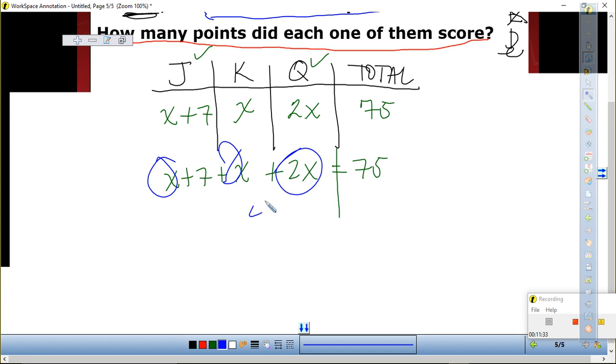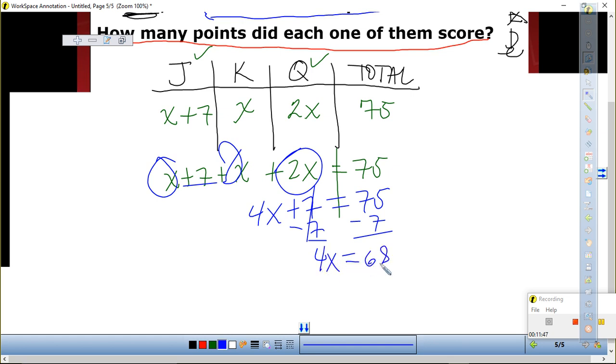I mean 4 x's, so this is 4x. Bring down the plus 7 and equals 275. Subtract 7, subtract 7. Oh my goodness, computer. I want to replace you. 4x equals 268. Divide by 4, divide by 4. Therefore, x equals 67. Hands up if that's your final answer.